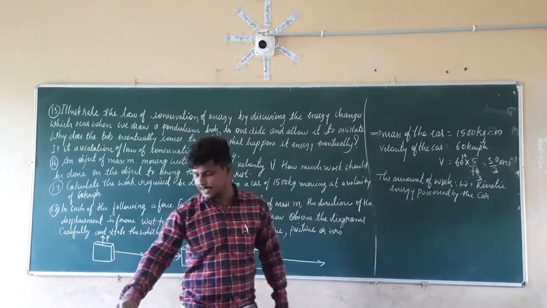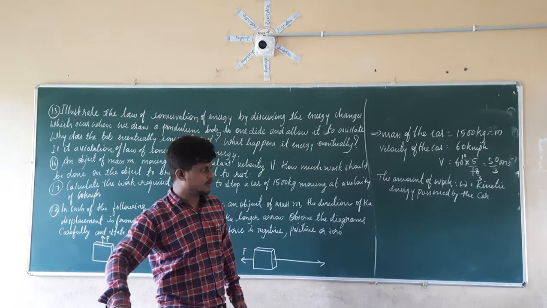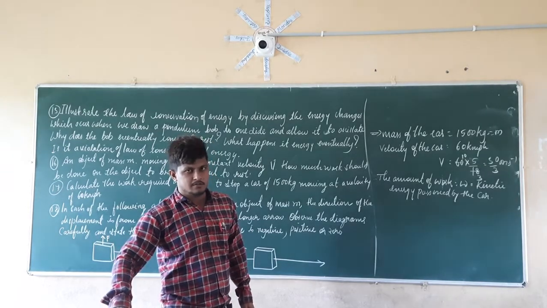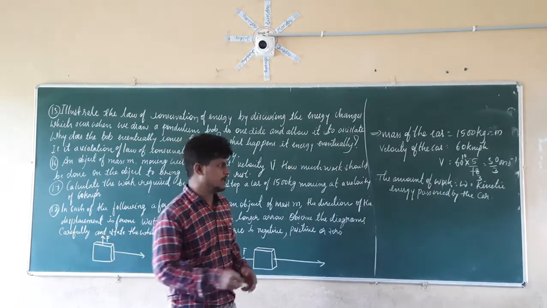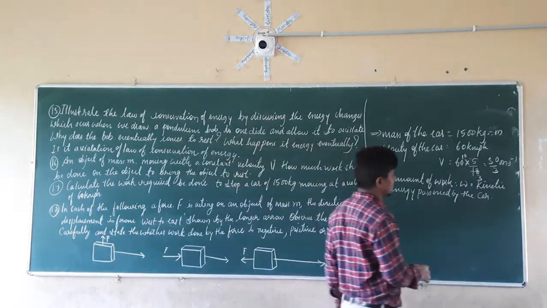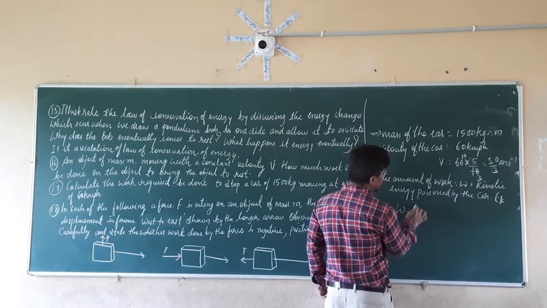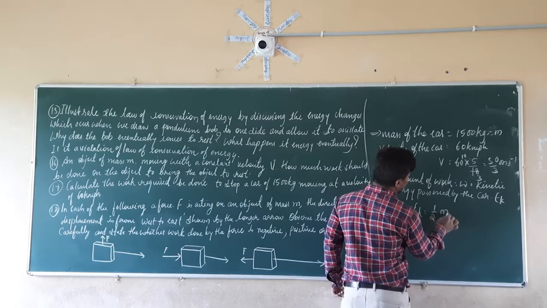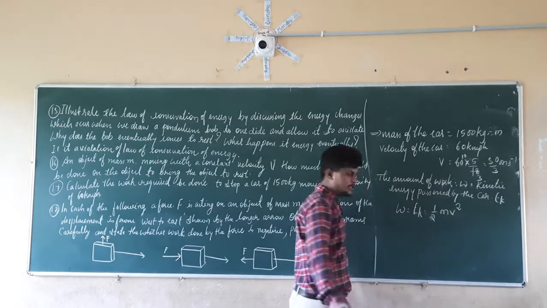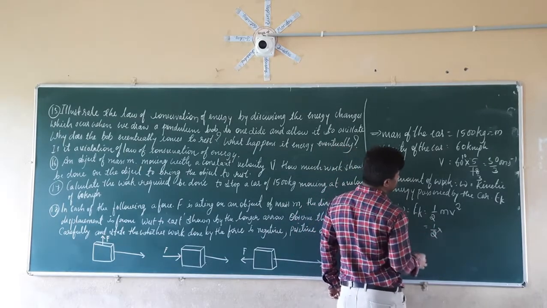So the kinetic energy possessed by the car is equal to the amount of work that should be done so that the car is going to be stopped. That is W is equal to EK. So therefore W is equal to EK, and what is the formula here? That is half mv square. So what is the value of m here?